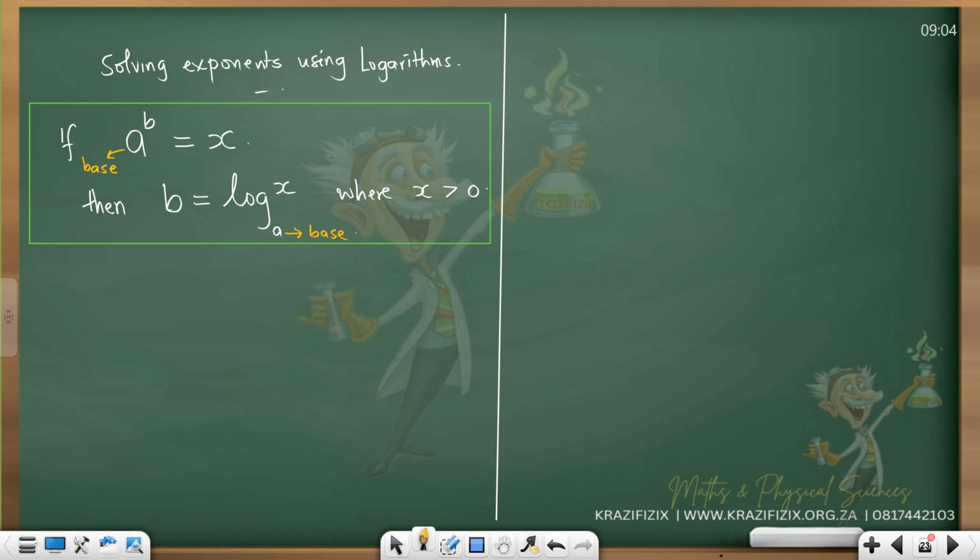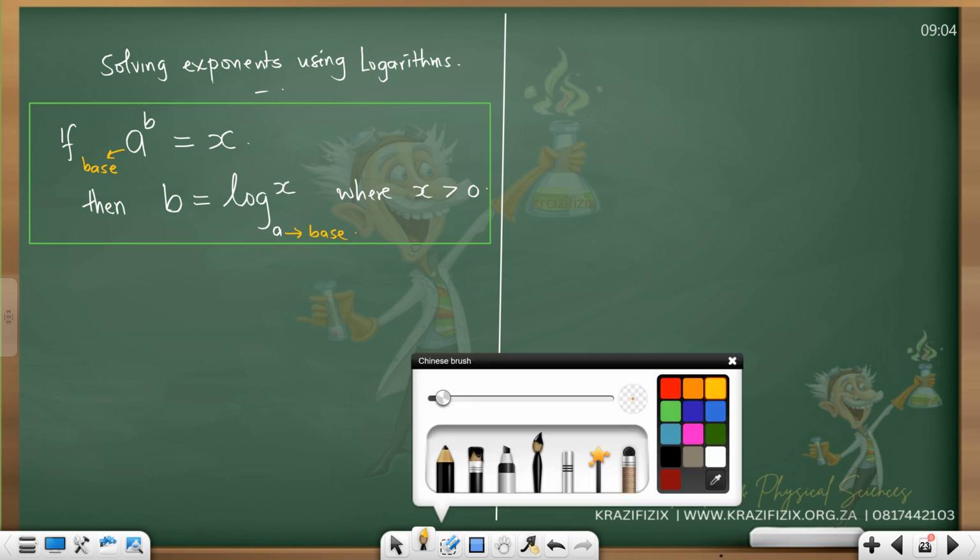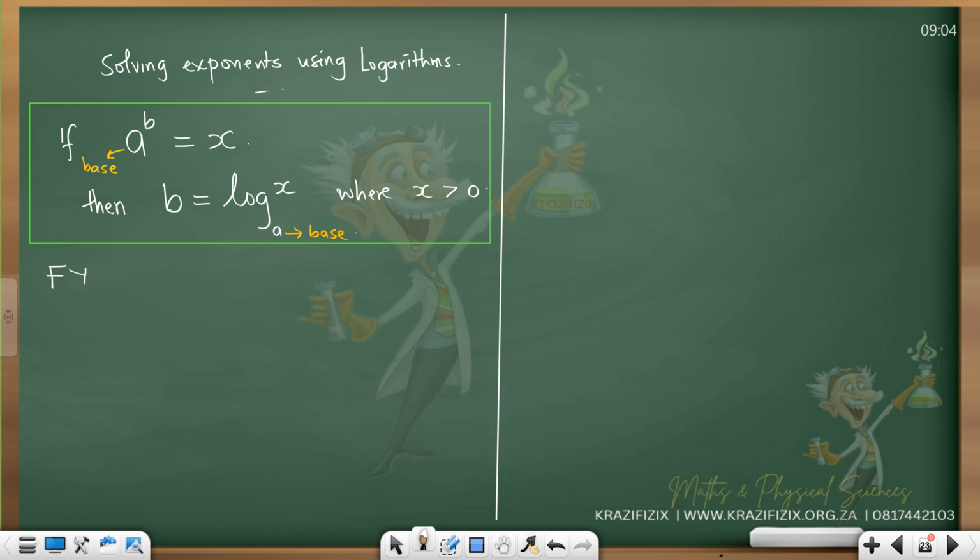Log is logarithm. I'll show you. FYI, log x base A can also be written as log x over log A.